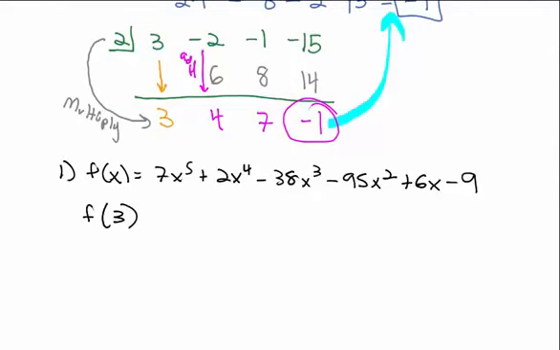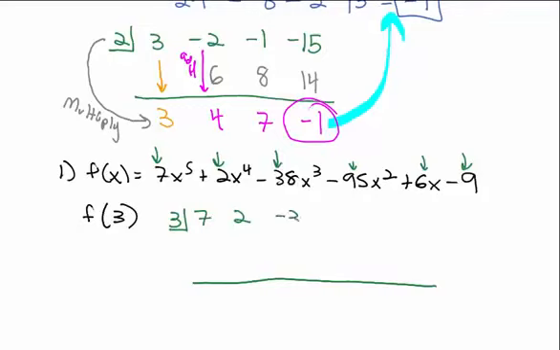But what we can do is synthetically substitute the 3 into the problem, taking the coefficients all the way down the line. When we do, we have 7, 2, negative 38, negative 95, 6, and negative 9. Bring the 7 straight down, and then go through the process again. 7 times 3 is 21, plus 2 is 23.